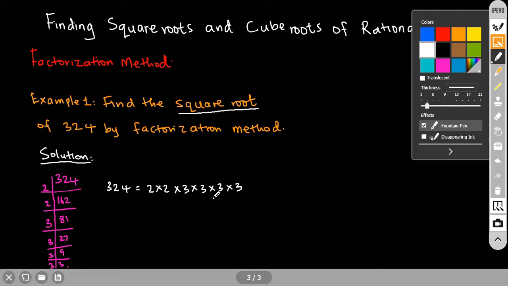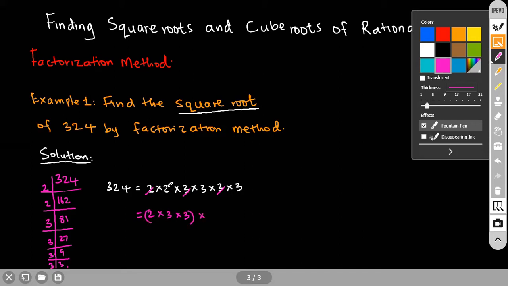So that's why we are going to put these numbers in 2 equal groups. So we can say that group 1 is this 2, this 3, and this 3. So we say that we have 2 times 3 times 3. That is the first group.